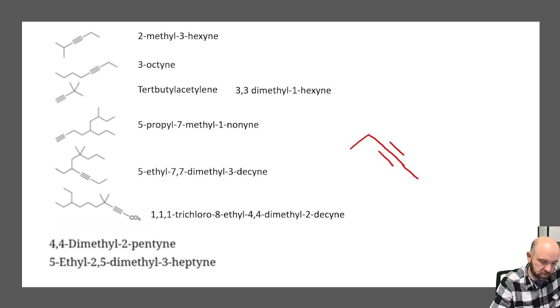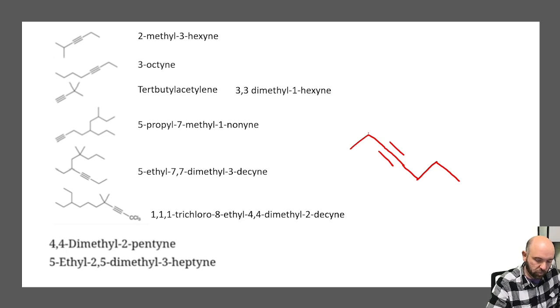So 1, 2, 3, 4, 5, 6, and we'll put a 7th one down here. So that's a good example of 3-heptyne, 1, 2, 3, 4, 5, 6, 7 carbons.